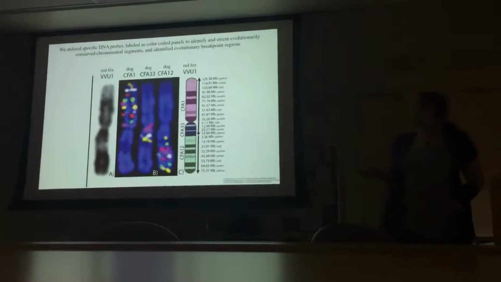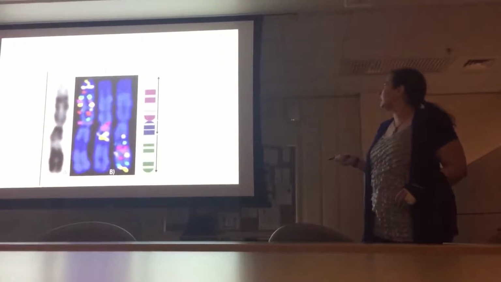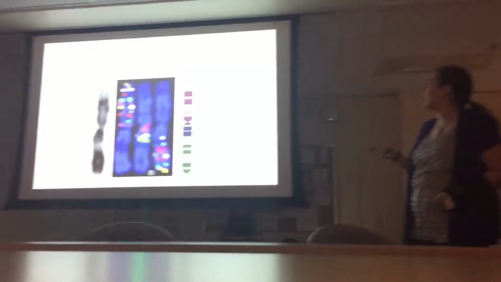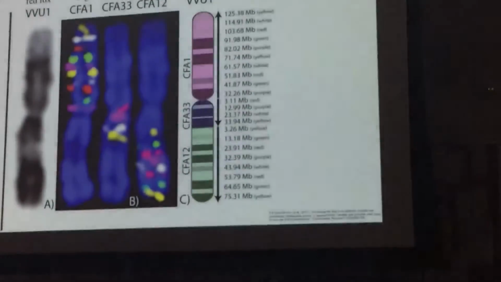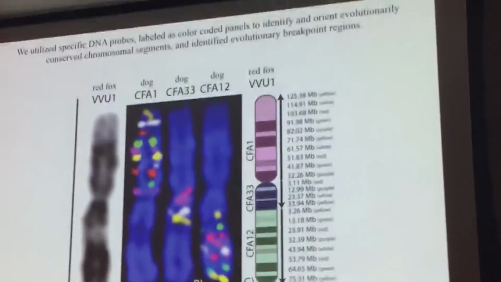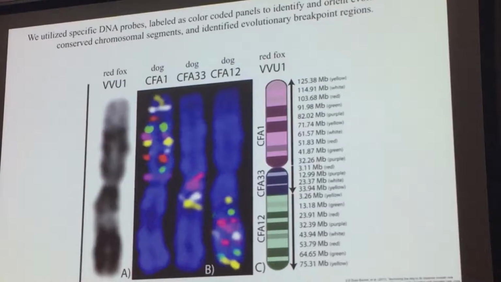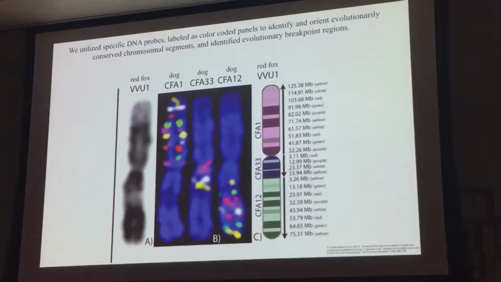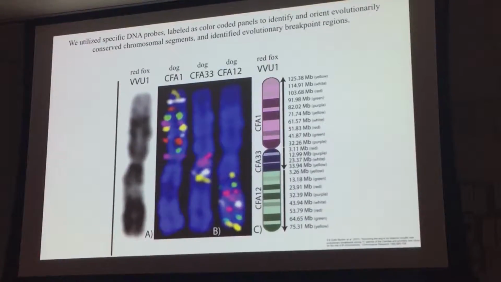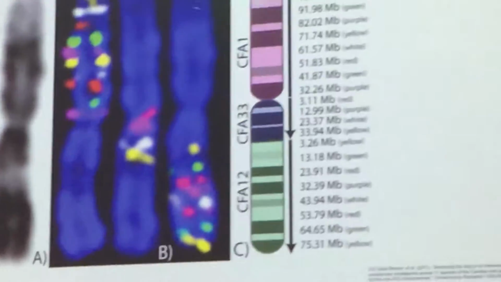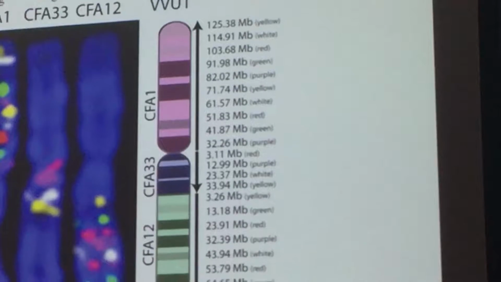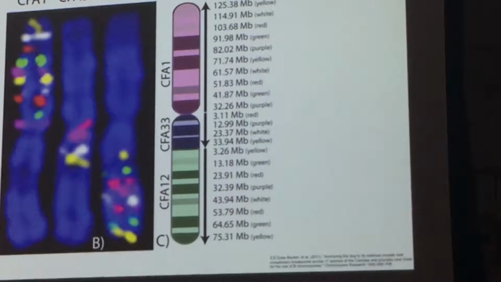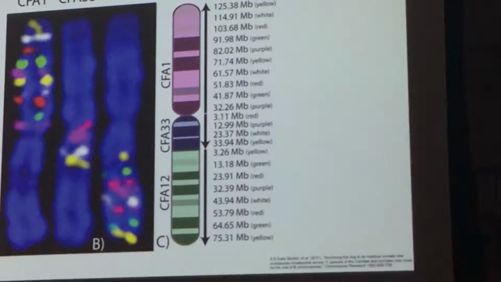And in that same manner, we were able to not only locate each of the panels, but to construct maps of what each chromosome segment lies in the different chromosomes. So this is red fox chromosome 1, which we just looked at, and we were able to determine that dog chromosome 1 sequence lies on the P arm, and on the Q arm, we see sequence for dog chromosomes 33 and 12.